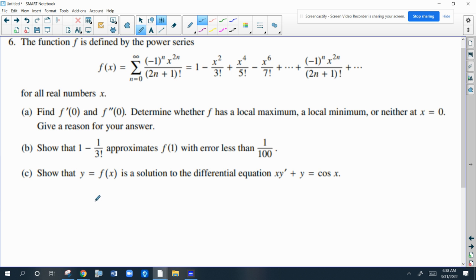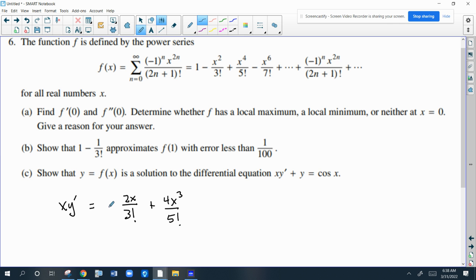So let's first figure out what x y prime is. y prime would be the derivative of this, which we already started to figure out. It's going to be negative 2x over 3 factorial plus 4x cubed over 5 factorial.